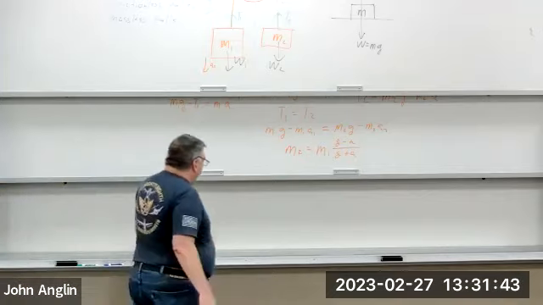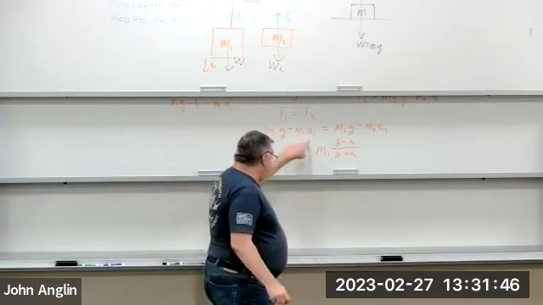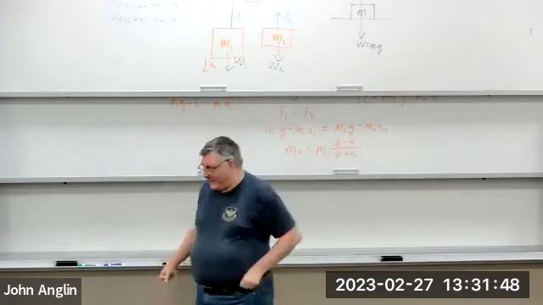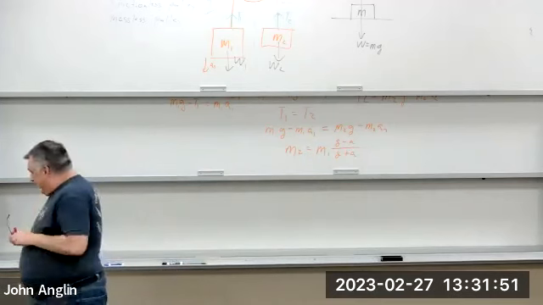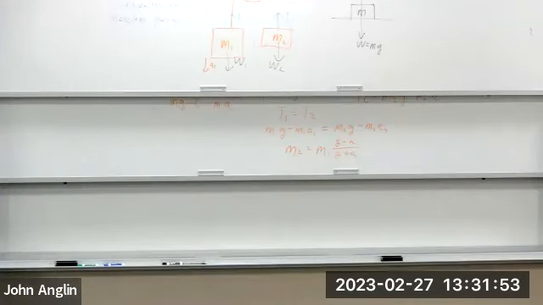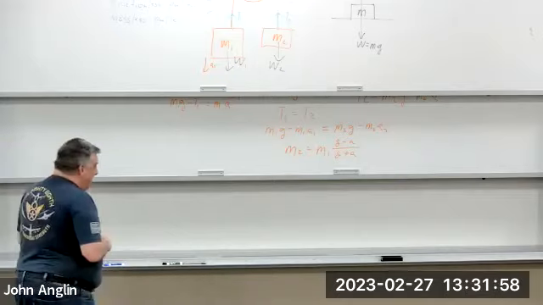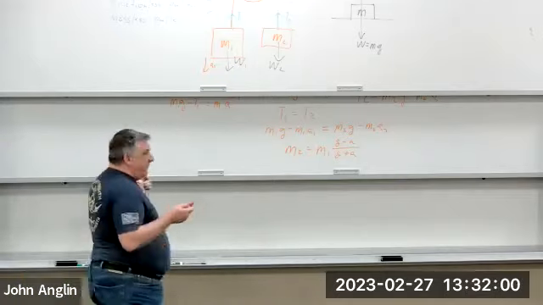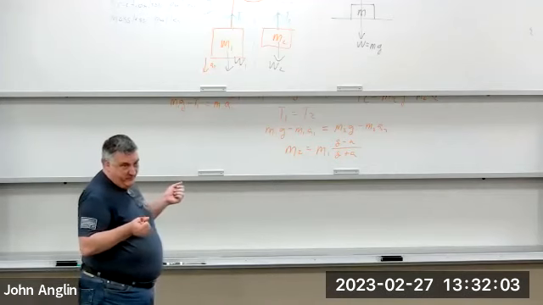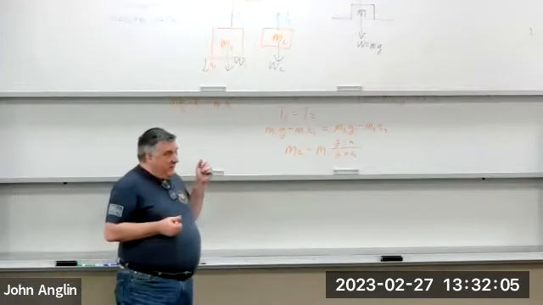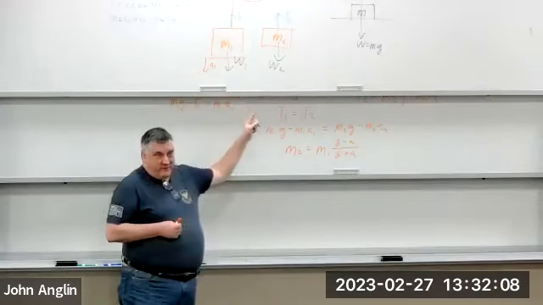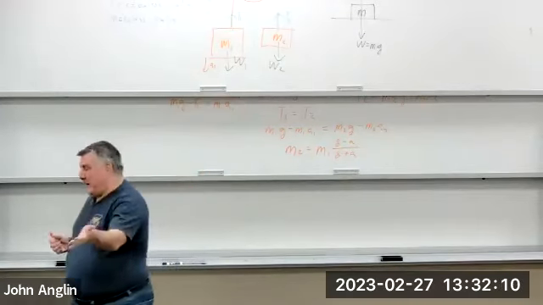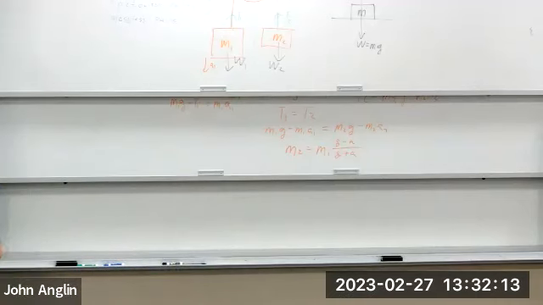So you might ask yourself, well, what in the hell happened to my A1, A2 subscripts on my acceleration? The same thing that happened to the T1 and T2 subscripts. Since T1 and T2 are the same, and this is a connected system, if one side is moving with a given acceleration, then the other side also has to be moving with that same acceleration, right?